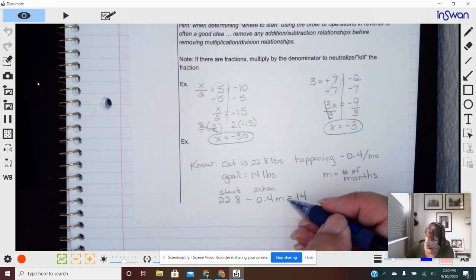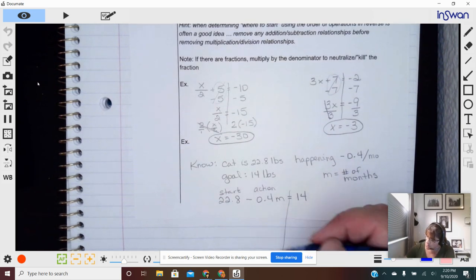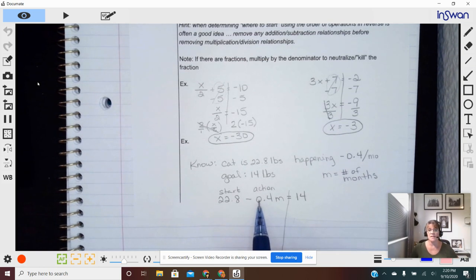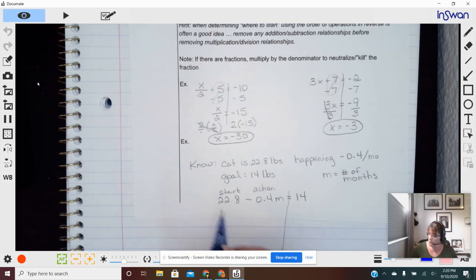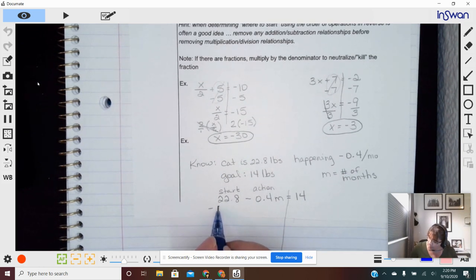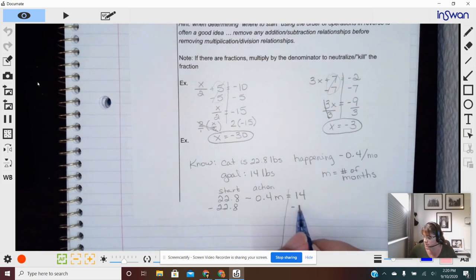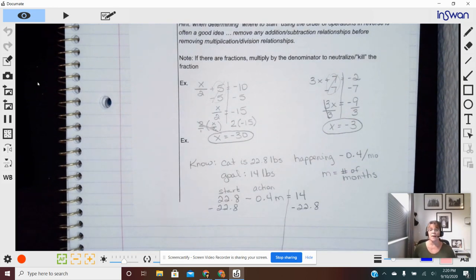Line up the equal signs. In this case, this decimal, this very small number, is hanging out with a variable. So we want to move this first. Instead of positive 22.8, we're going to do negative 22.8 on both sides. Now here's where I just freaked some of you out. We have positives and negatives and decimals.